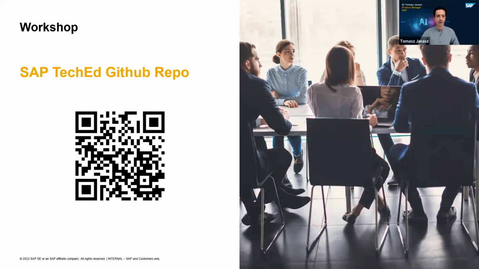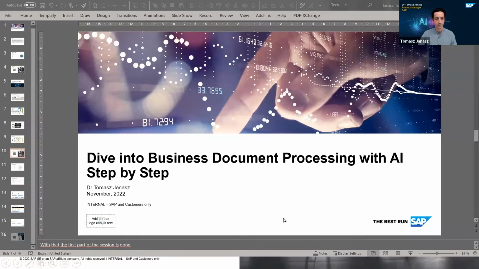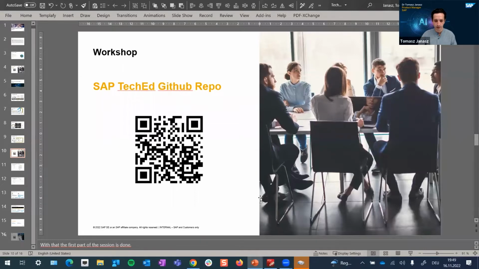I will be doing those exercises live in a show and tell mode, so that you can see how it can be executed. Okay, so I hope that you already scanned this QR code and that you are already on the GitHub repository. Let me now open that as well.